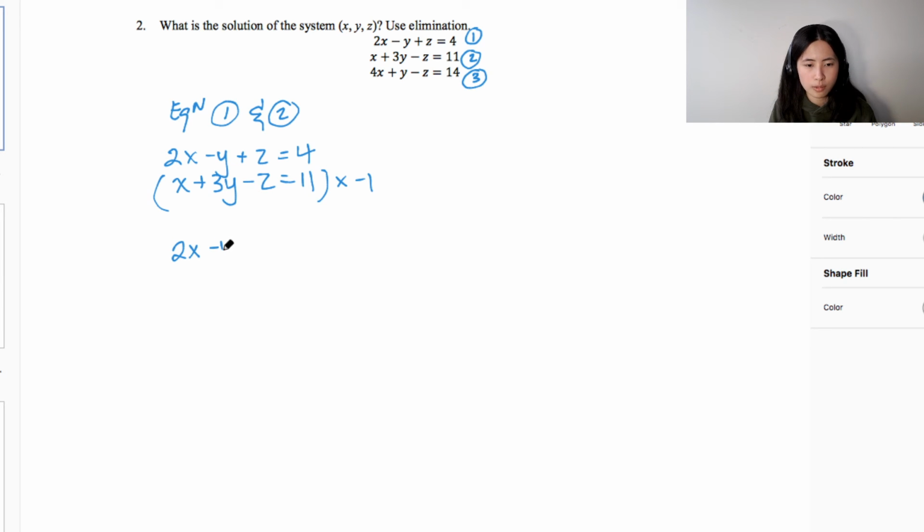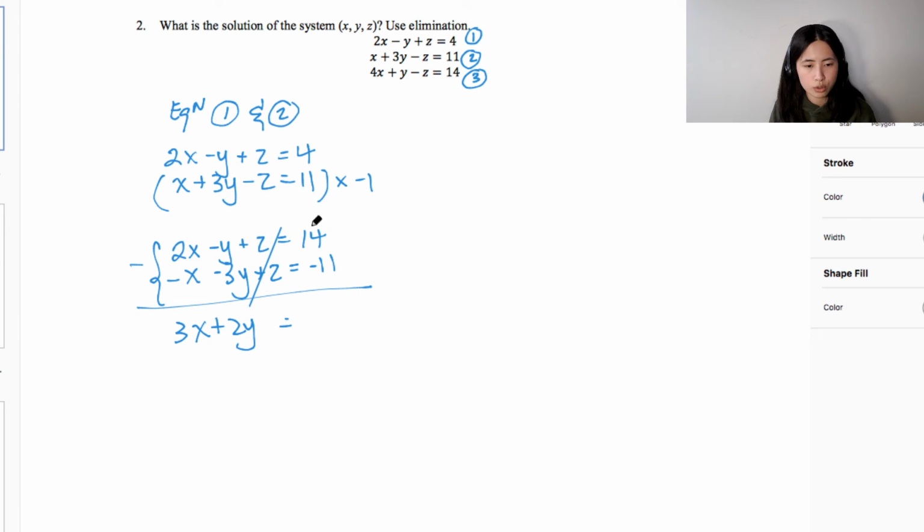This is 2x minus y plus z equals 4, and this is -x minus 3y plus z equals -11. When you subtract the two equations, that gets rid of z. Can you guys see that? This is now 2x minus (-x), which is positive 3x, and this is now positive 3y. So -1 minus -3 gives plus 2y.